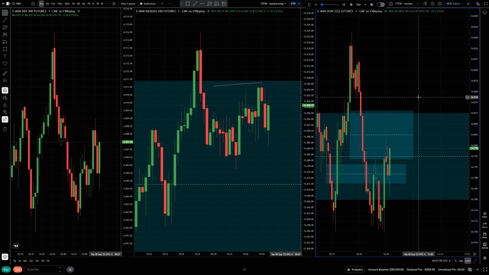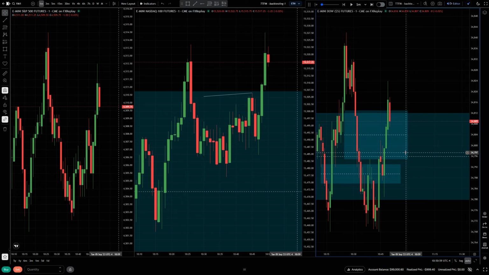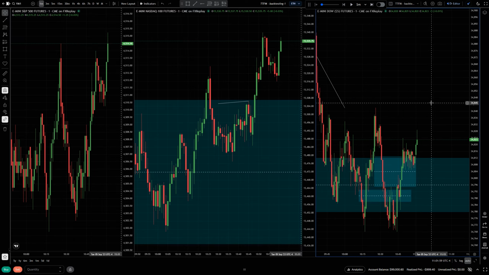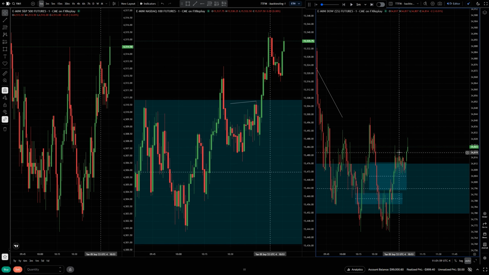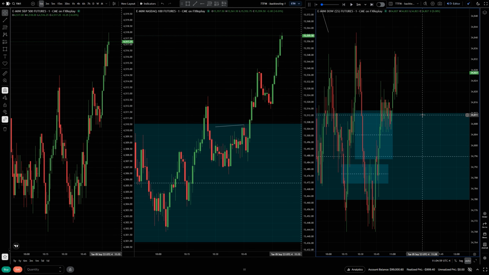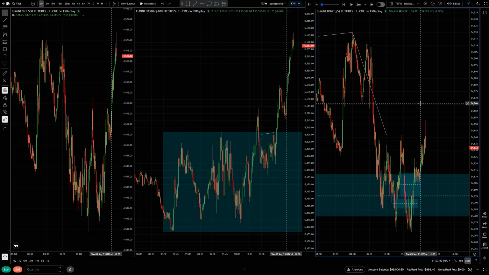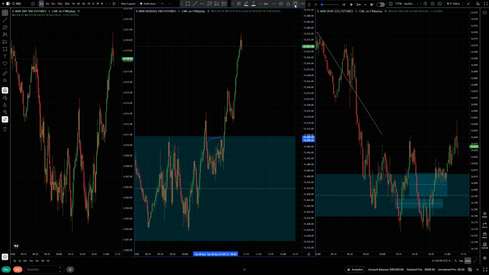Again, I don't like this bullish momentum back up. And now we're consolidating. This is a bullish signature where we push up and then consolidate. We have to take out this high again to maybe see something else. NQ just looks like it's pushing higher.